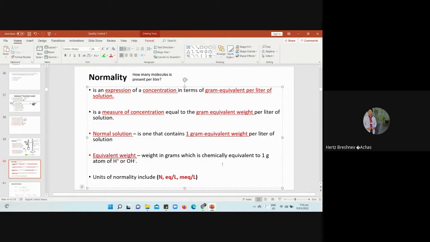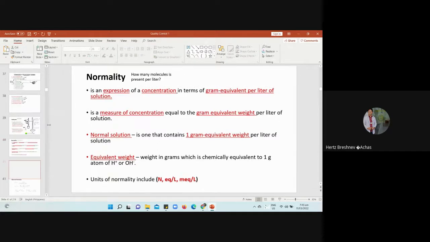One molecule is identified as 1 MEQ, two molecules as 2 MEQ, three molecules as 3 MEQ, four molecules as 4 MEQ. So now, let us proceed to the formula.